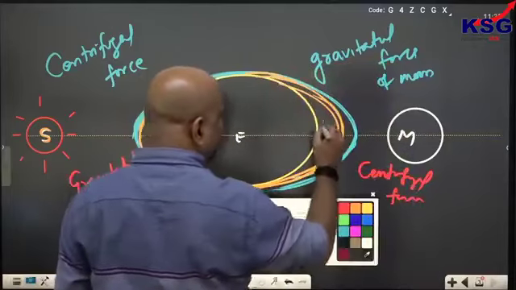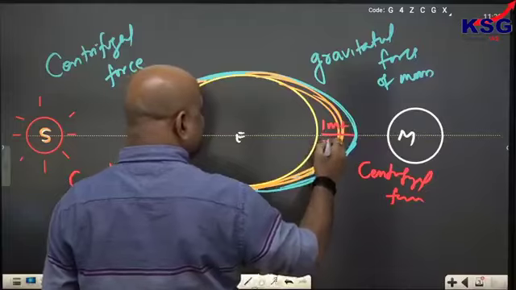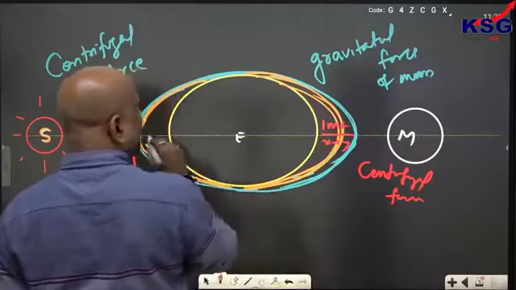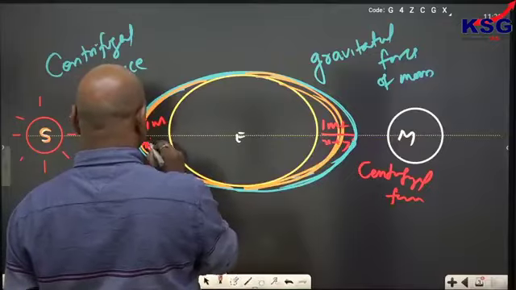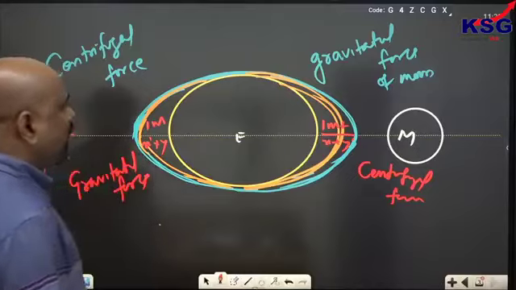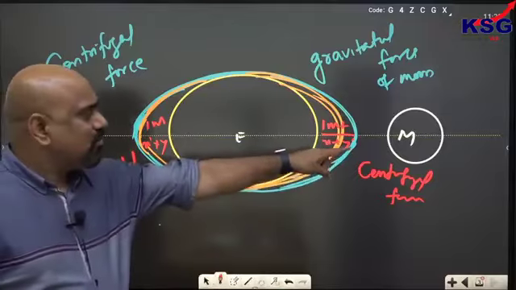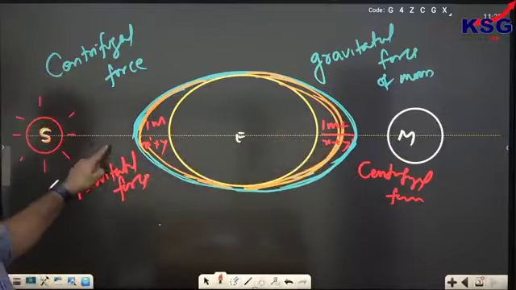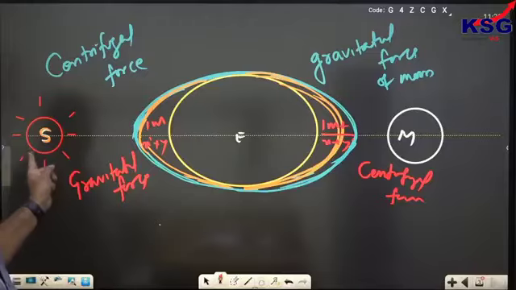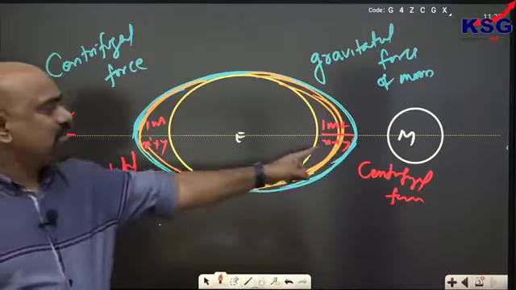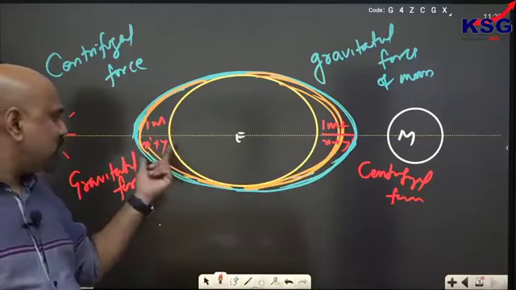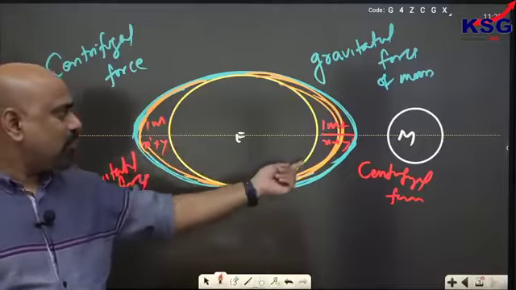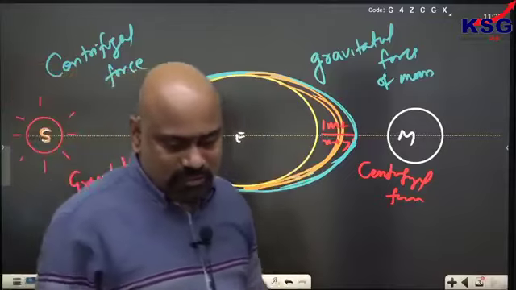Here, if the height is 1 meter, it is x plus y, then here it is x dash plus y dash, so here also it will be 1 meter, that is x dash plus y. I mean, if we see, x is the force of the moon, x equal to x dash here, and y is the gravitational force of the sun, y dash is the centrifugal force on this side. So y equal to y dash, x equal to x dash. So x dash plus y equals x plus y dash.